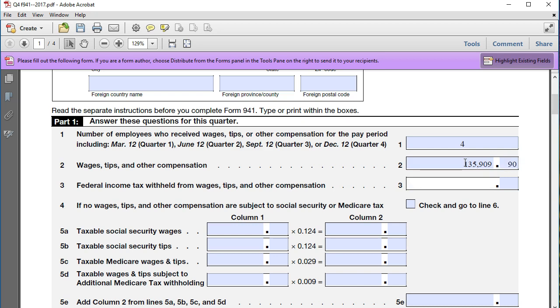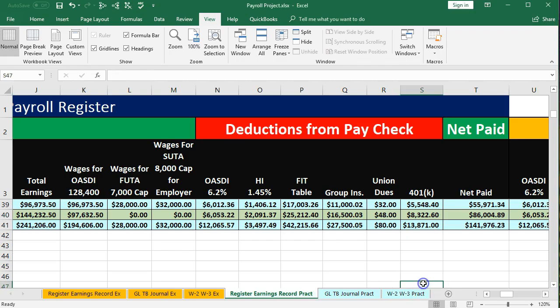Okay, so now we want the federal income tax withheld. Now remember that the federal income tax withheld really has nothing to do with this number because it changes per employee. So this is just the sum of all the wages, but we can't apply a flat rate because everybody has different rates and they have different withholdings and allowances. So all we can do is tell the IRS, hey, this is what we withheld. So we're going to go back over here and say, what did we withhold?